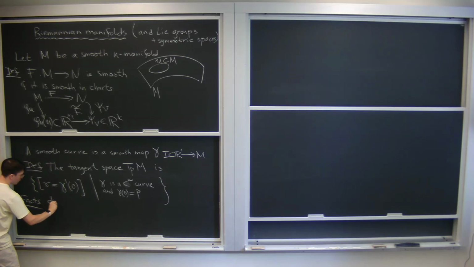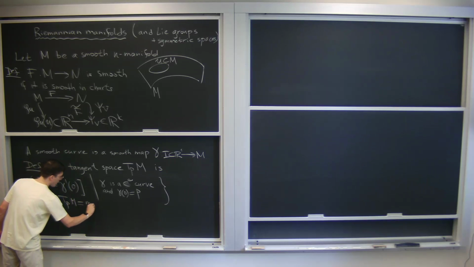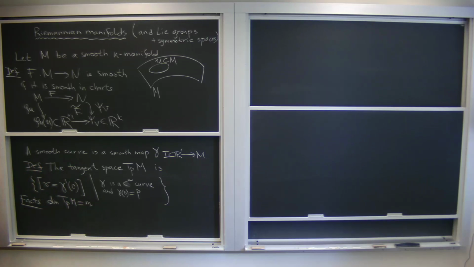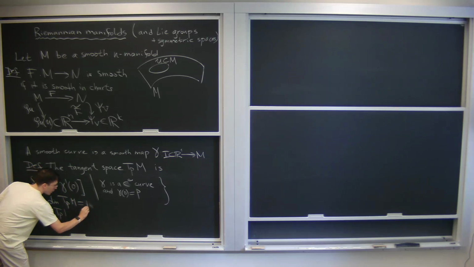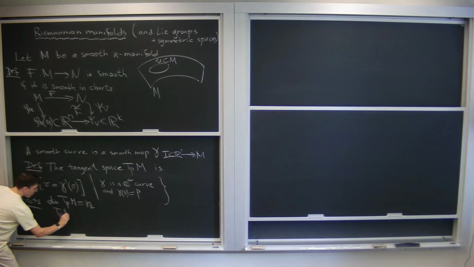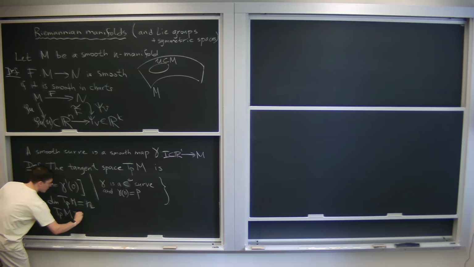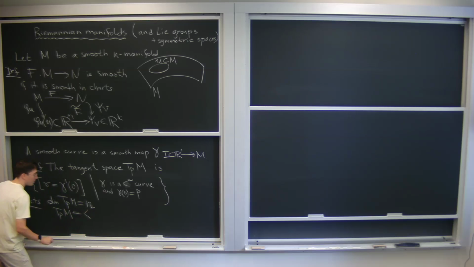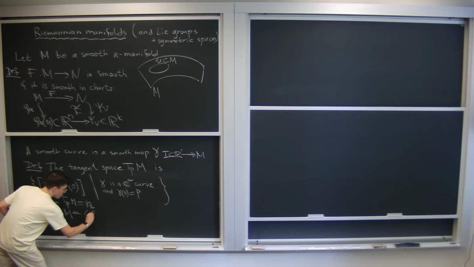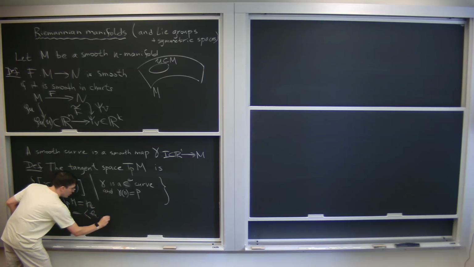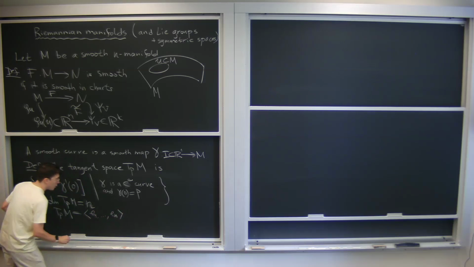The dimension of the tangent space is also n, the dimension of the manifold M. I started with N. So TPM is generated by the vectors which I will denote by E1 and so on, En.